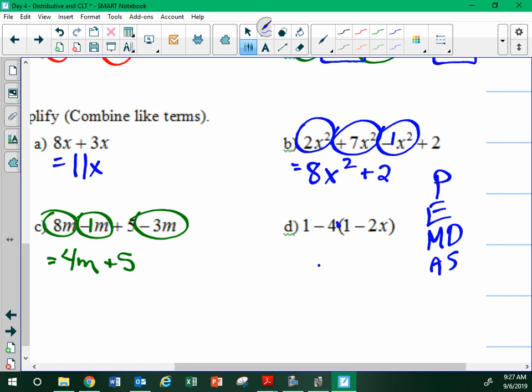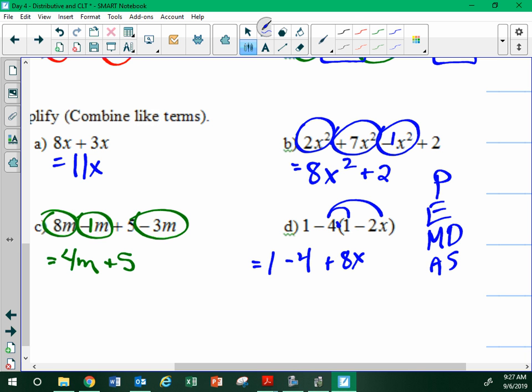All right. So I still have 1. And then I have to distribute my negative 4. What's negative 4 times positive 1? Negative 4. Then distribute your negative 4 times negative 2x. Positive 8x. Good.